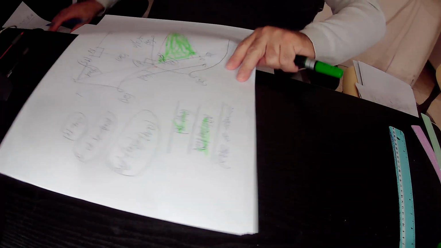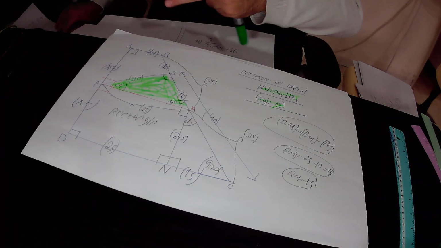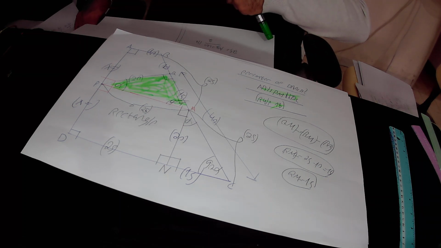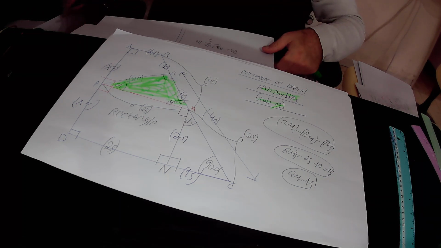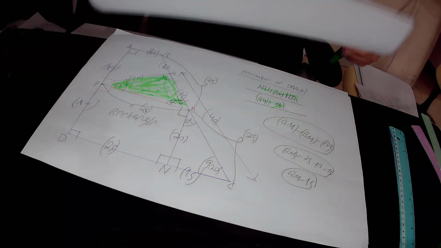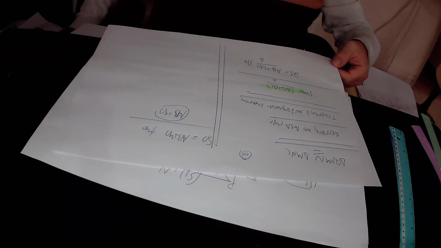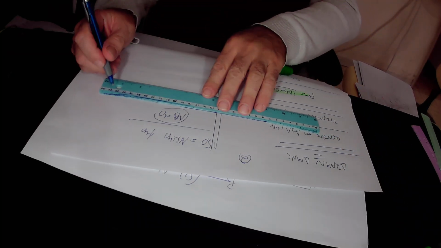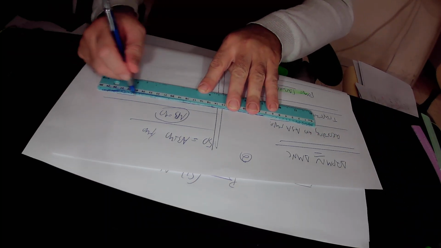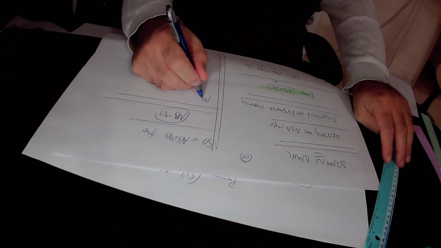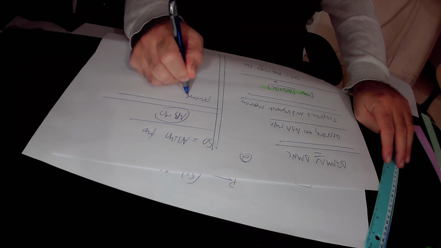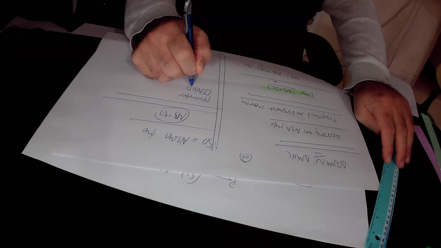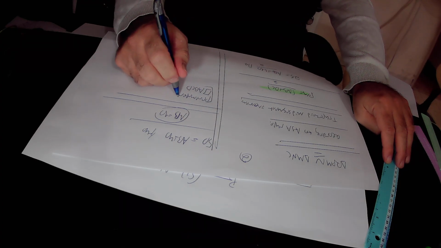So the perimeter of trapezoid ABCD, or quadrangle ABCD, is equal to the sum of its four side lengths. That is to say, the perimeter of quadrangle ABCD equals the sum of its four side lengths.